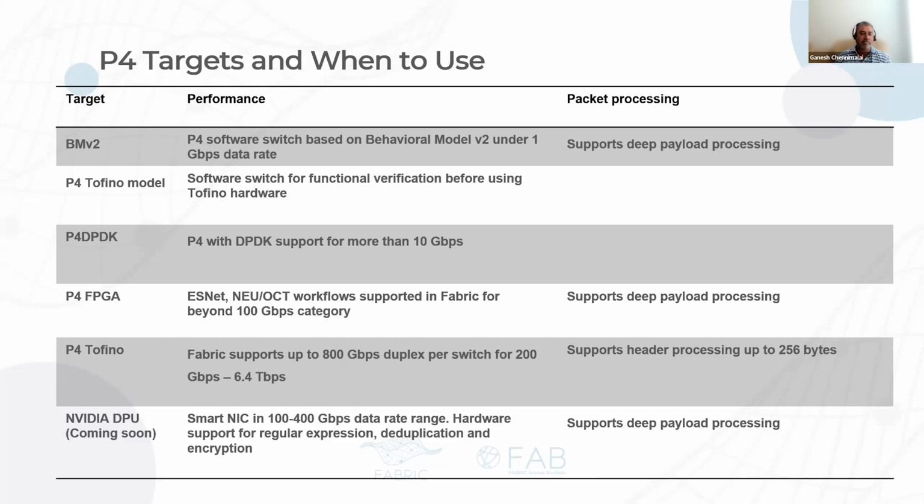Recently, NVIDIA has a DPU. We are going to have some of this installed in FABRIC, and users are welcome to take advantage of that. It is not here today, but it will be there soon. One of the real advantages of NVIDIA DPUs is that it's like a smart NIC, a computer in front of a computer, as they call it. So you can do pretty much any type of processing within the DPU at 400 Gbps or more.